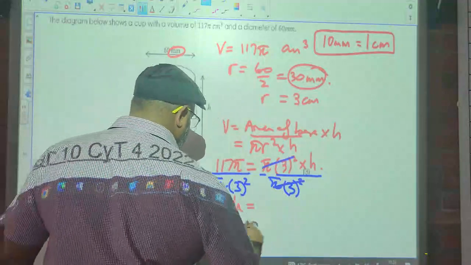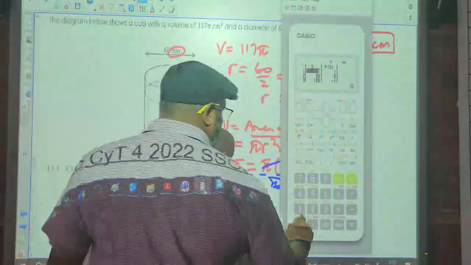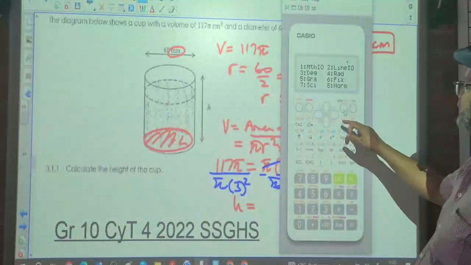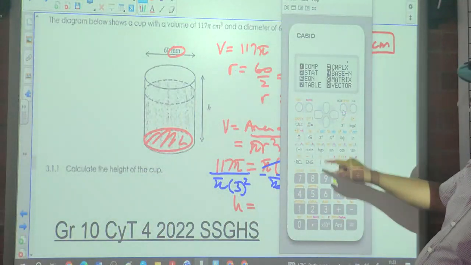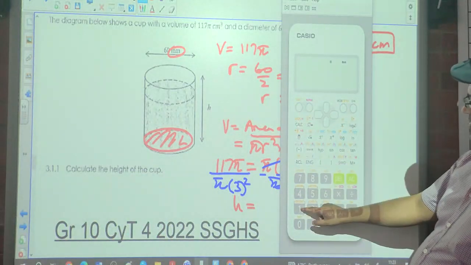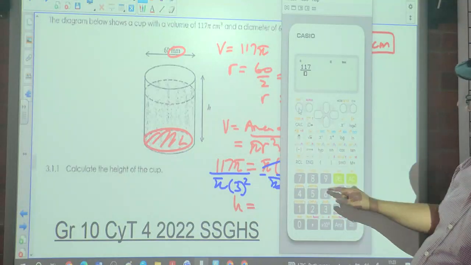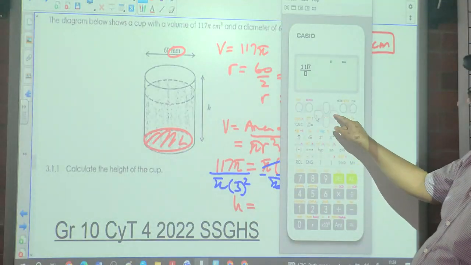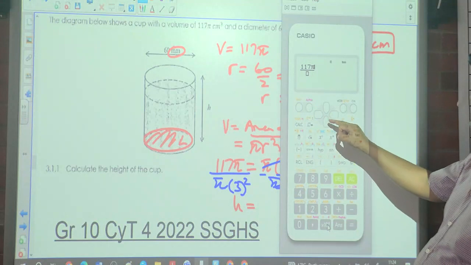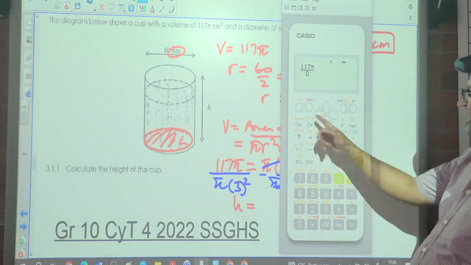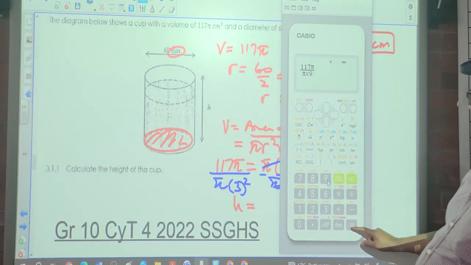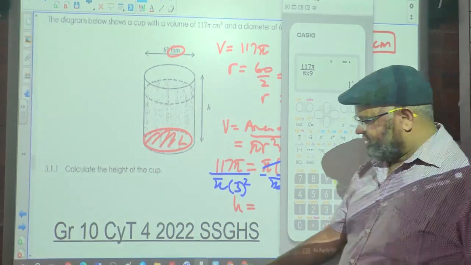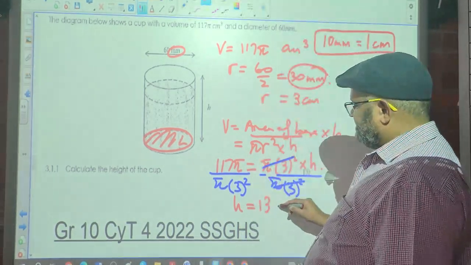So h works out to be, on the calculator, 117 pi over pi times 3 squared. I didn't need the pi's, because they would have cancelled each other out. The answer is 13.